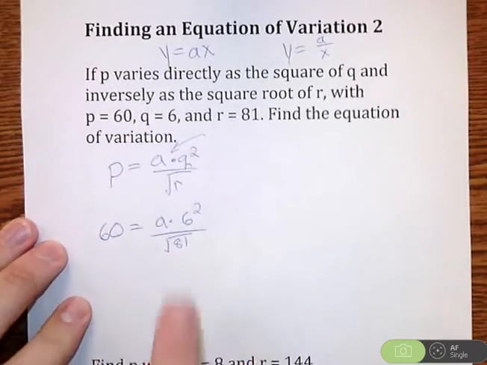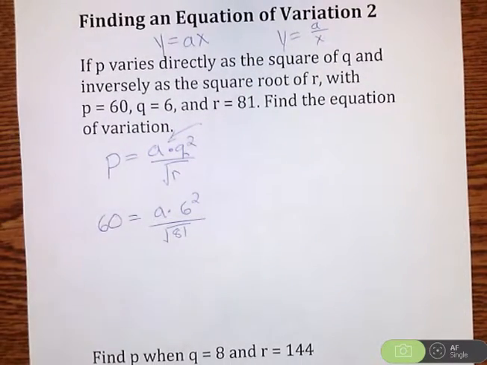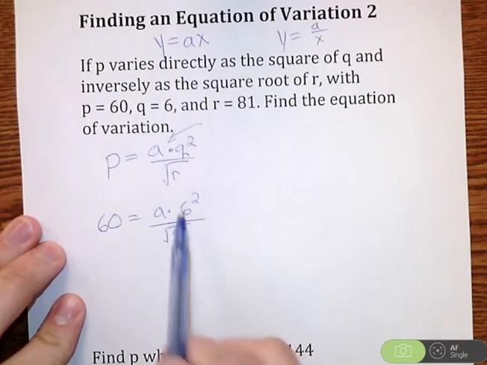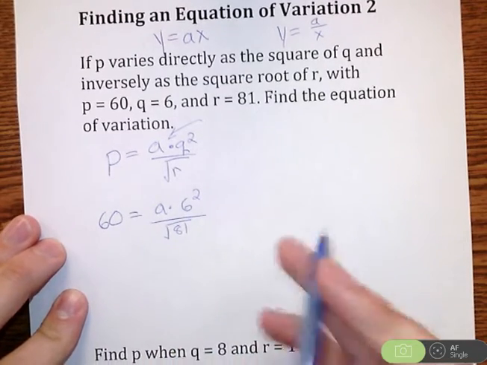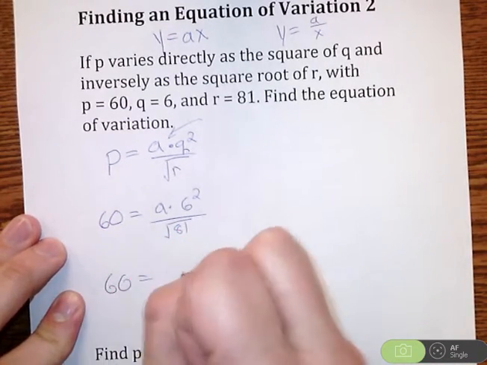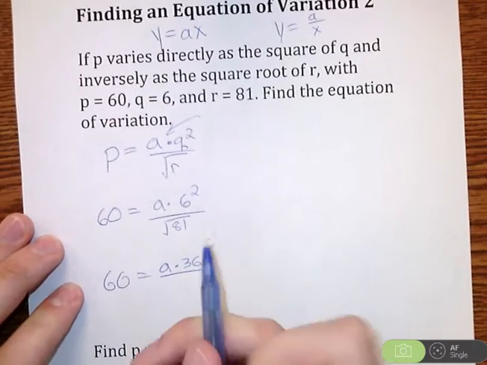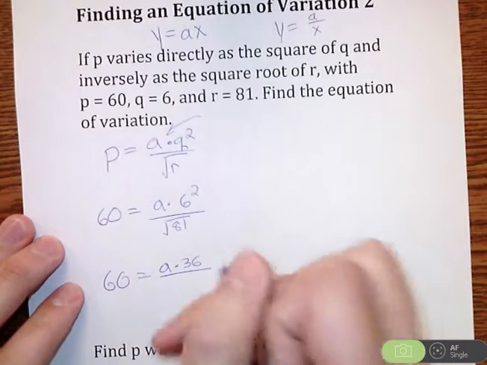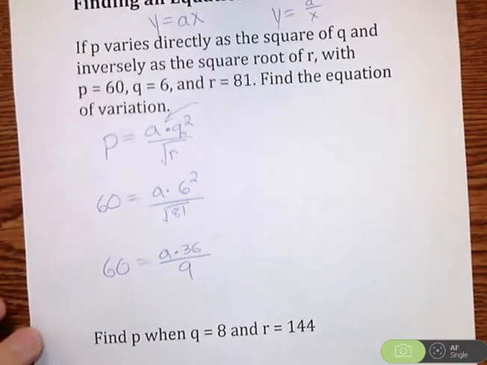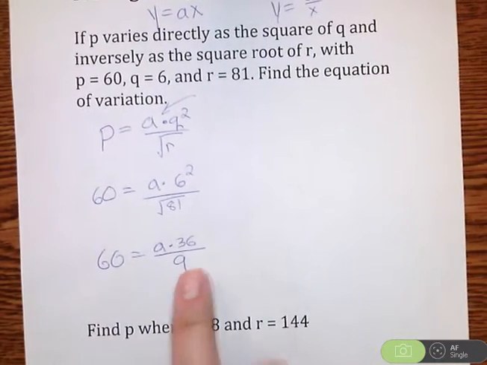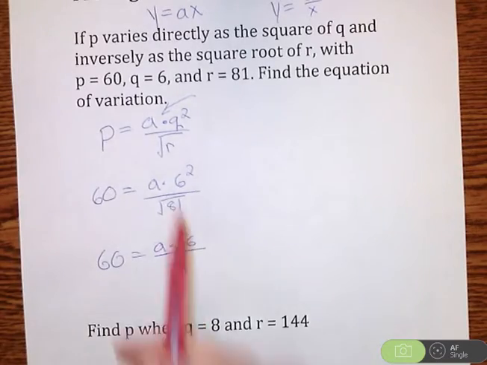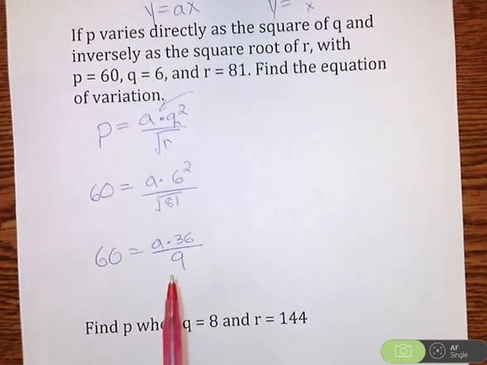So I need to clean this up and solve for a. Some pieces I can deal with on the right side: 6 squared is 36, so I have a times 36. Square root of 81 is 9. So I need to solve this equation for a. Then I can figure out a and put this all together.